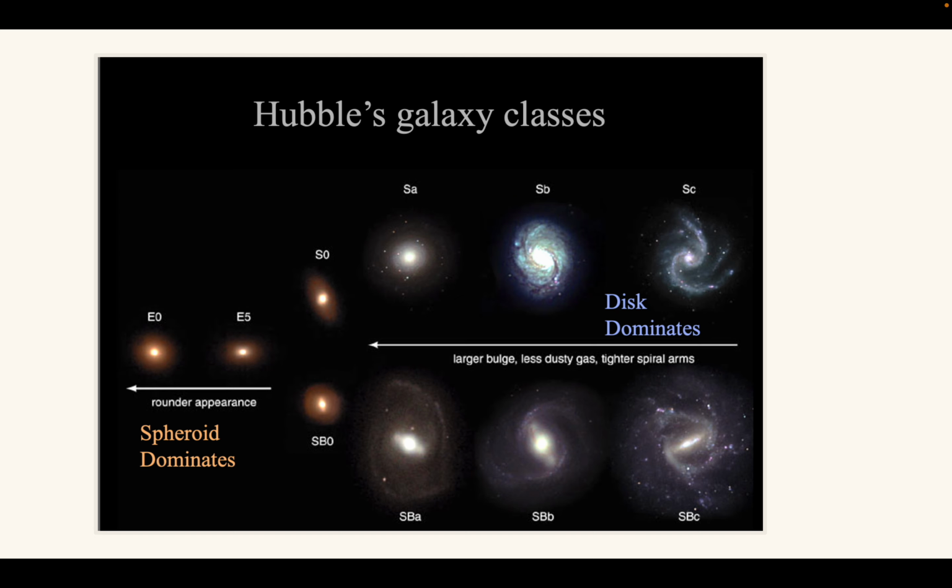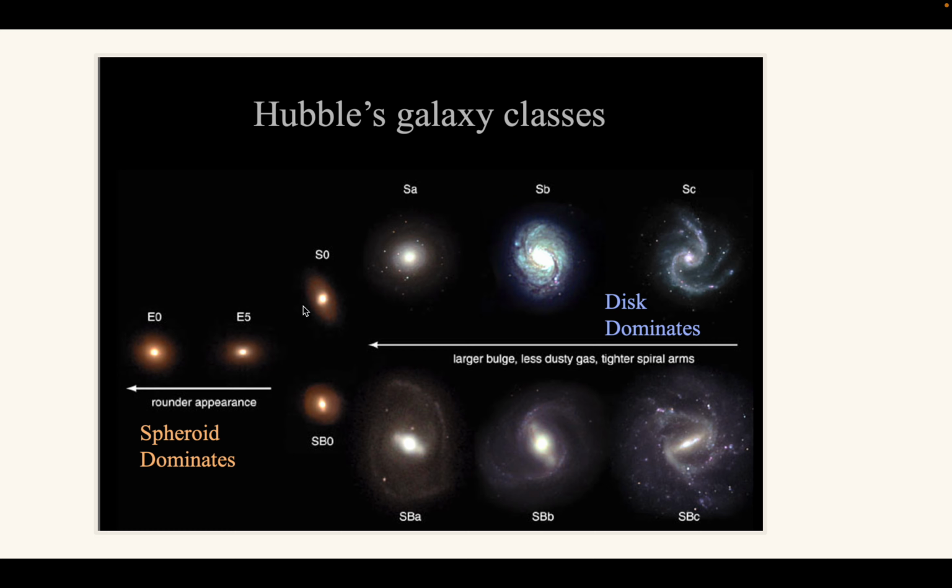So, in Hubble's tuning fork diagram, there are spiral types of galaxy and elliptical types of galaxy. Spirals are classified in two branches. One is the SA, SB, and SC branch, and another is the spiral bulge dominated branch, that is the SBA, SBB, and SBC.